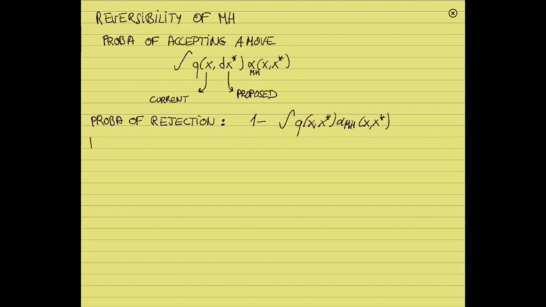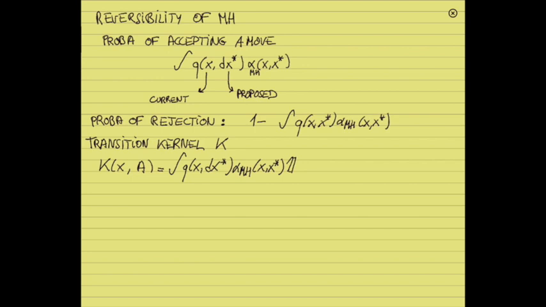And given those expressions, we can write the transition kernel K in terms of the probability that the chain started from state X would go to a set, a measurable set A in the state space. So we move to A either by accepting a proposed point in A. So this is the first part of the expression being written here.